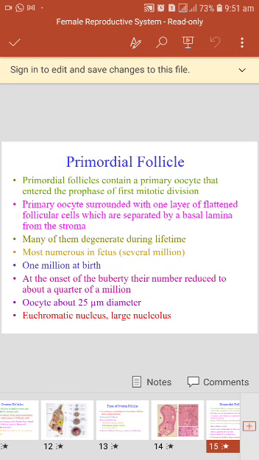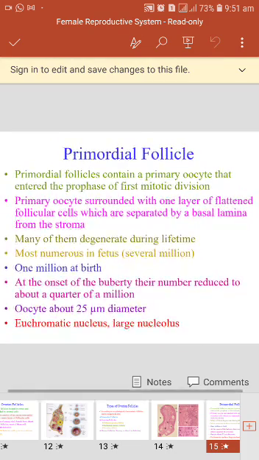Many of them degenerate during lifetime; they are most numerous in the fetus, and 1 million are present at birth. At the onset of puberty, their number is reduced to about 250,000, and the diameter of the oocyte in them is 25 micrometers. They have a euchromatic nucleus with a large nucleolus.